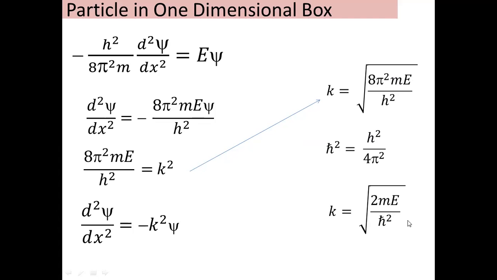So this is the reduced Planck constant, and if you want to know the explanation, you may watch the previous video as well. So this is the value of k, and this is also the value of k. There is no difference between this equation and this equation because everything is the same. This equation is just simpler as compared to this one.